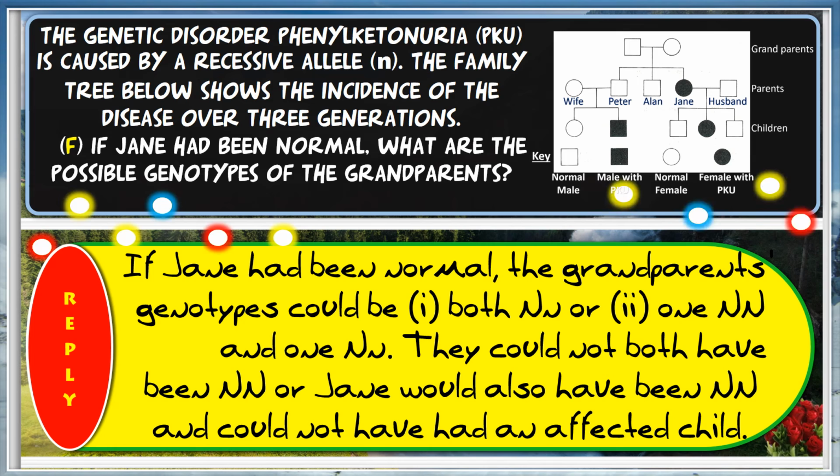They could not both have been capital N, capital N, or Jane would also have been capital N, capital N, and could not have had an affected child.